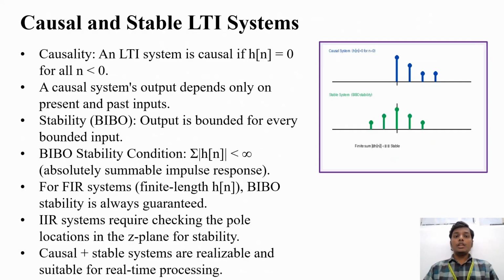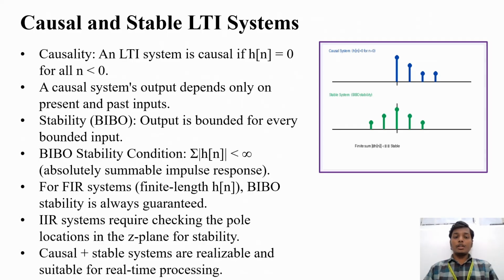Causal and stable LTI systems. Causality means an LTI system is causal if h[n] equals 0 for all n less than 0. A causal system's output depends only on the present and past inputs. Stability, bounded input and bounded output: output is bounded for every bounded input.